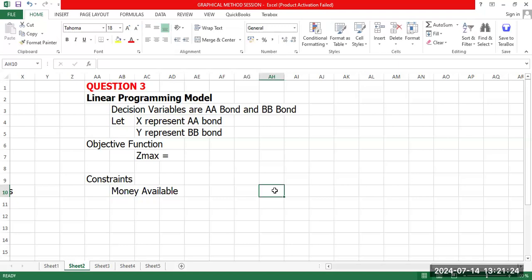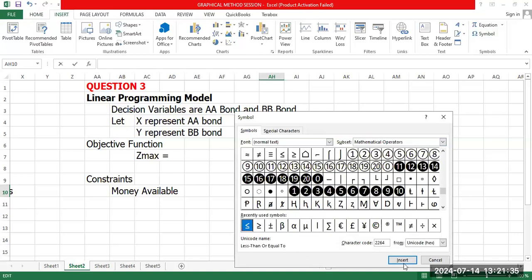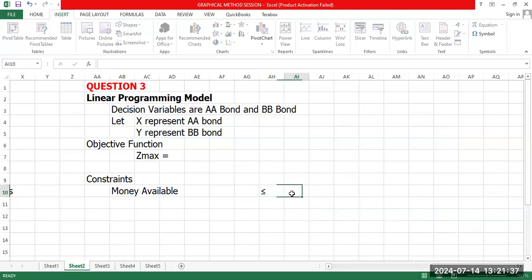I put less than or equal to. Less or equal to how much? 30 million.